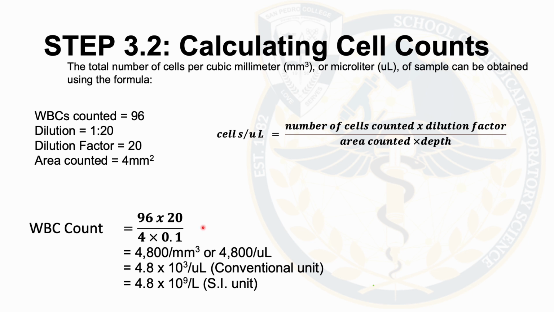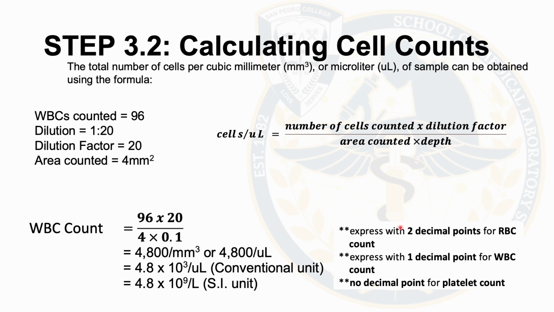It became 0.1 because it is at the bottom, in the denominator. But if it is in your numerator, it becomes 10. So, 96 times 20 times 10 divided by 4 gives 4.8. This is what I was saying earlier. 4.8. The normal value again is 4 to 10.